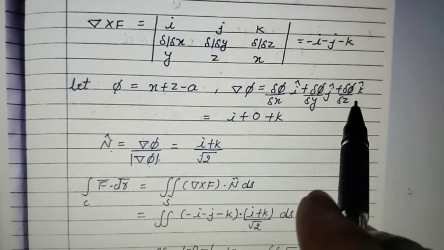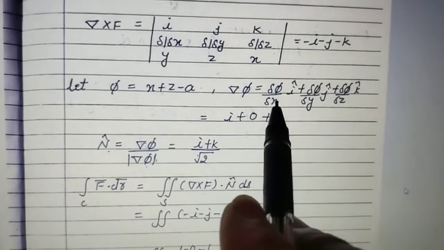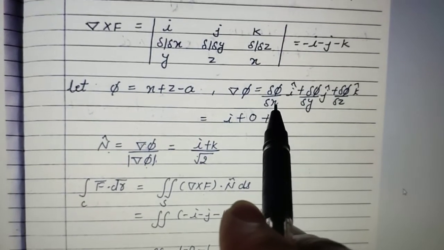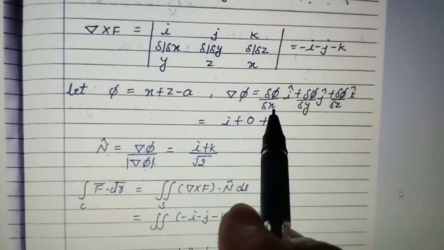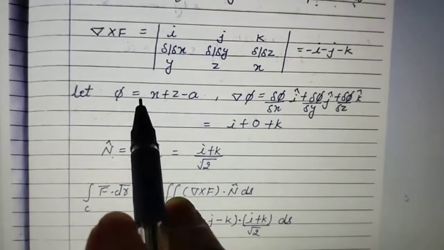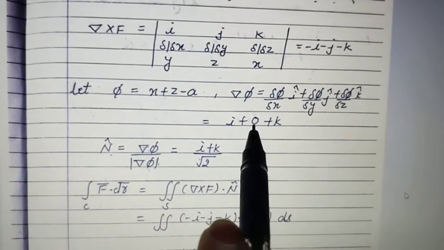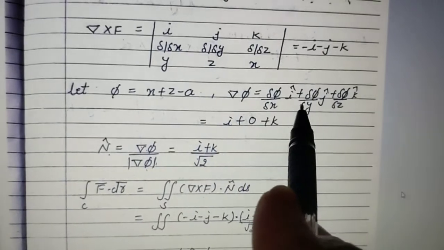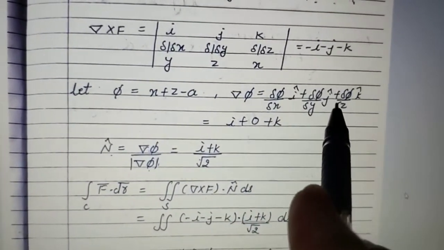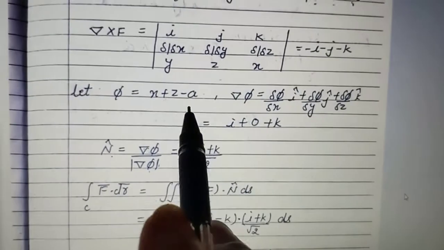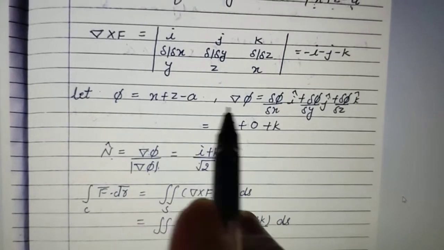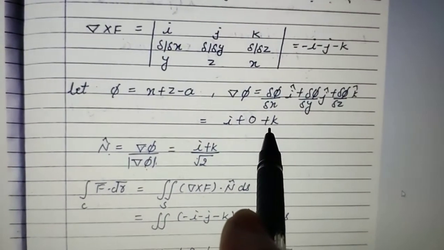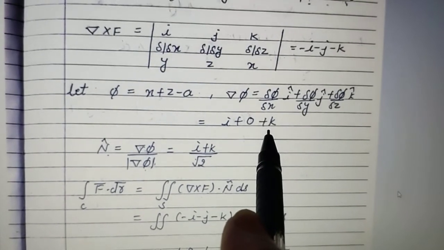When we put the value of phi here and partially differentiate with respect to x, it will be i cap, plus there is no y, so its value will be 0, plus k cap.